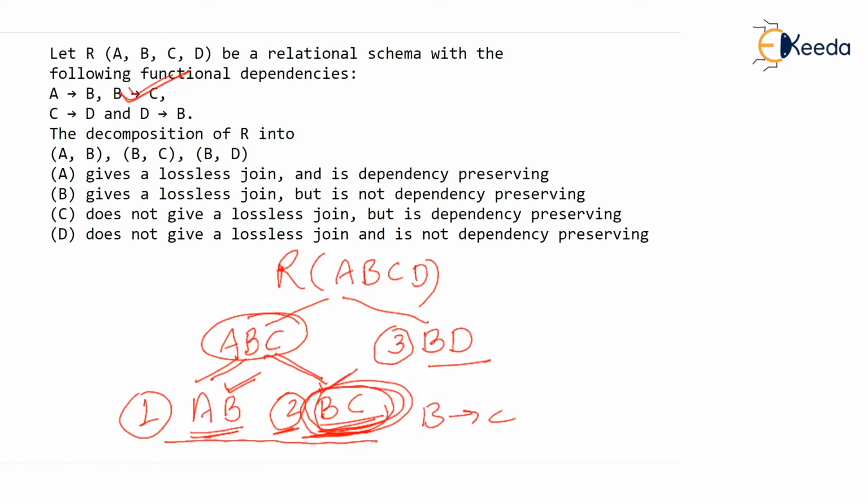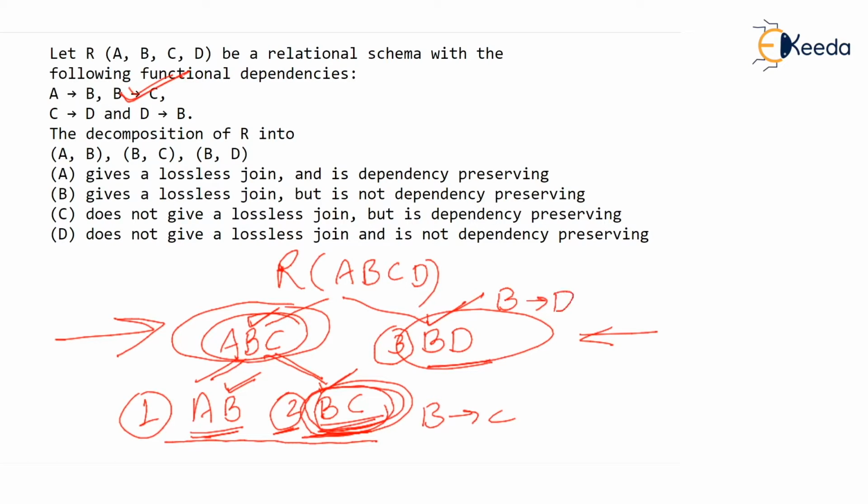Now let us see this BD table and ABC. Let's go one more level up in the decomposition. Now you see this again has B in common. Attribute B is common in both these tables. Then B has to be a candidate key in one of the two tables. Now, does B determine D here from the original FD set?